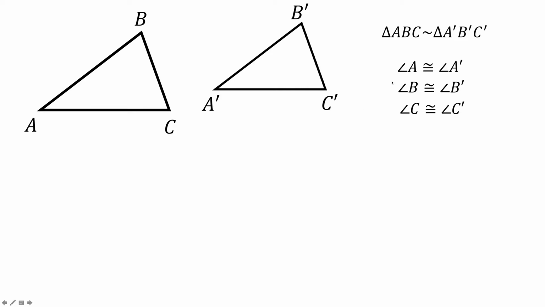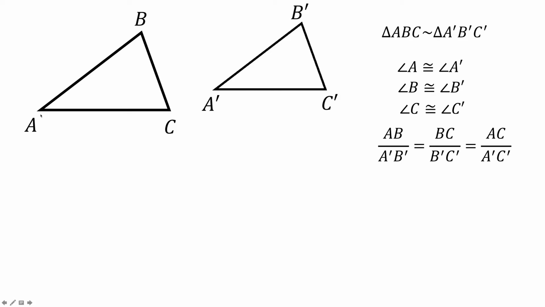So angle A is congruent to angle A prime, angle B is congruent to angle B prime, and angle C and angle C prime are congruent. And in addition, the ratios of respective sides are also proportional with the same proportionality constant.